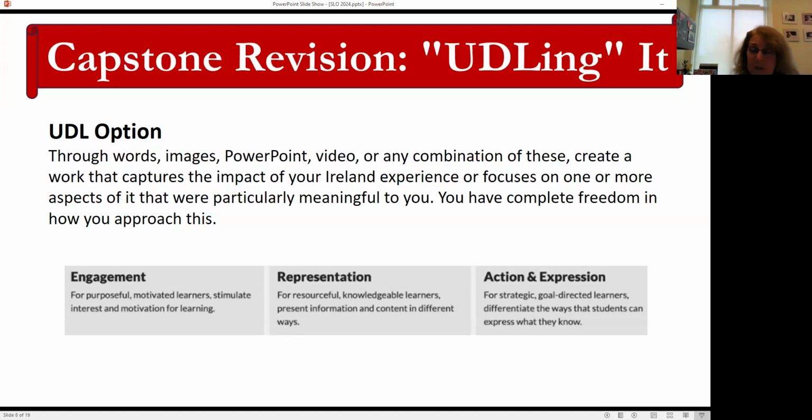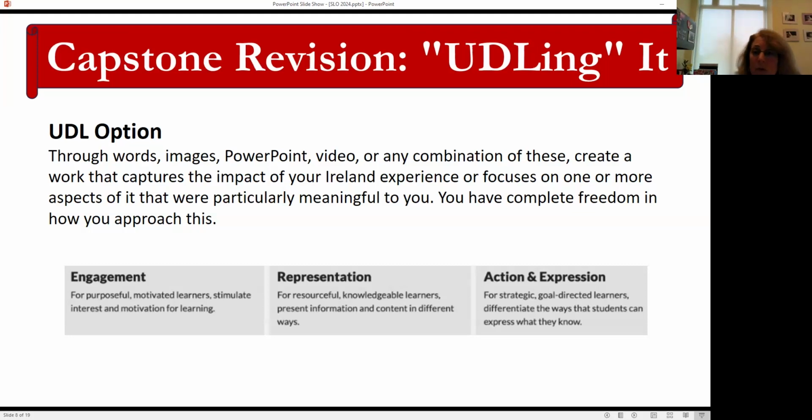Anybody want to guess how many people did the original prompt? Nobody. Everybody chose this. And I think when you look at the components of Universal Design for Learning, it's very easy to see why students would want to do this. So the engagement was there because they could pick what was most meaningful to them.